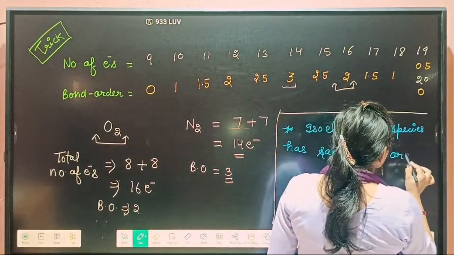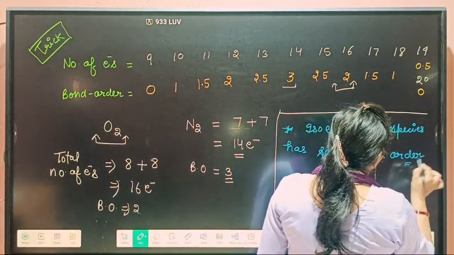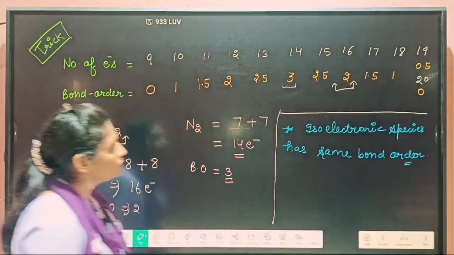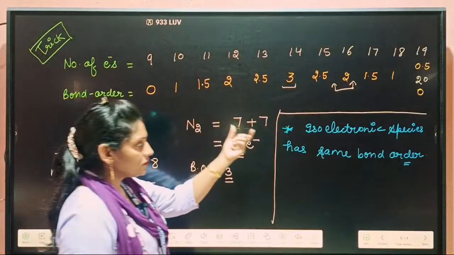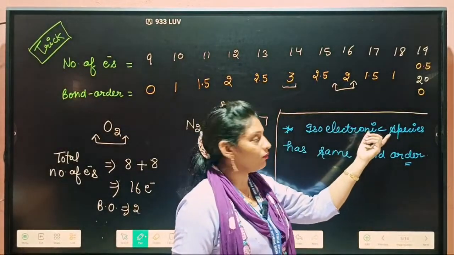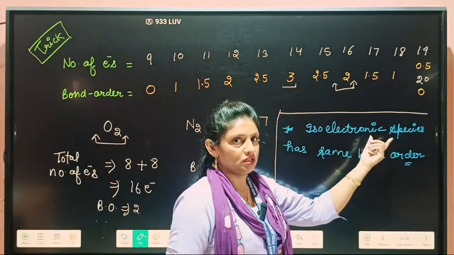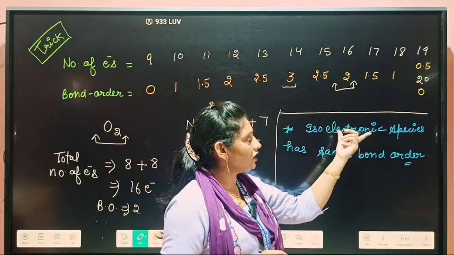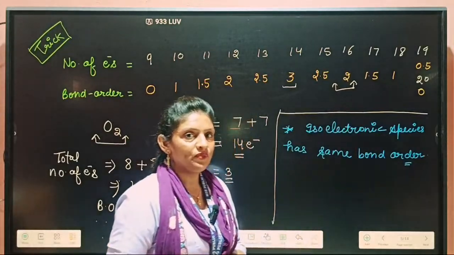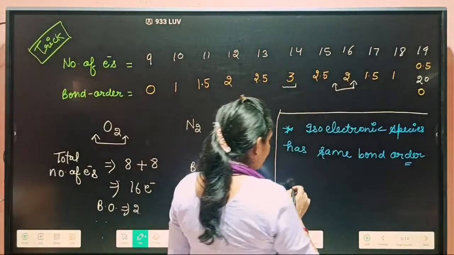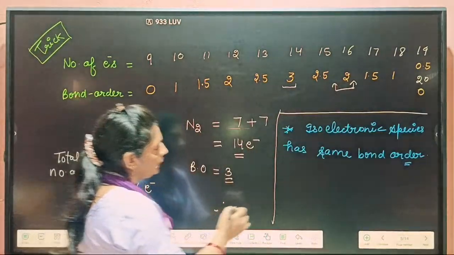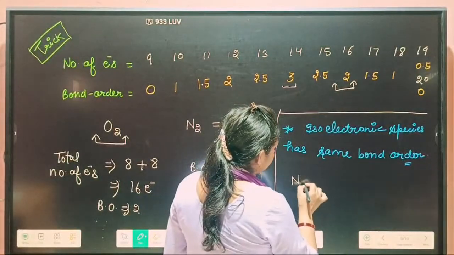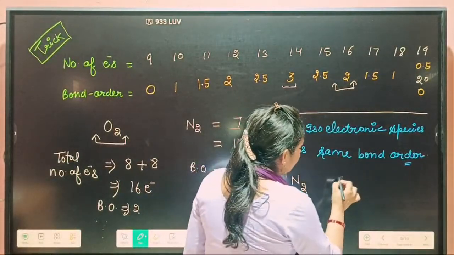Means students, I am telling about this trick for the number of electrons. Isoelectronic species means the species in which the same number of electrons are present. Like students, if I talk about N2, nitrogen, and CN negative.